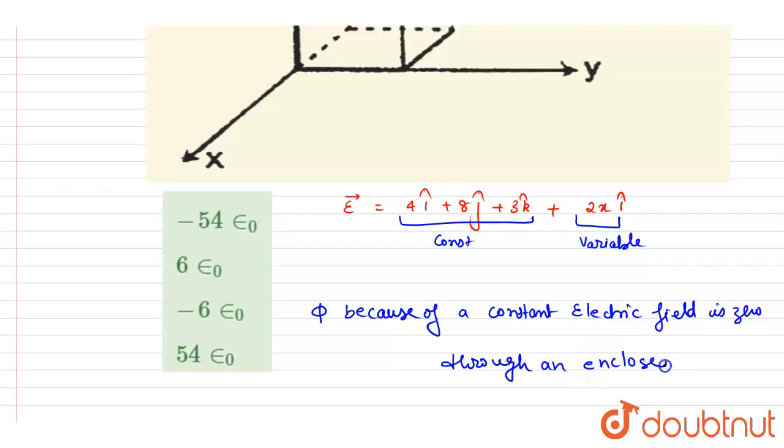Why so? Because the flux entered will be equal to the flux exit. Since this is a constant, you can make a note of it. So because of this constant component, there will be no flux.